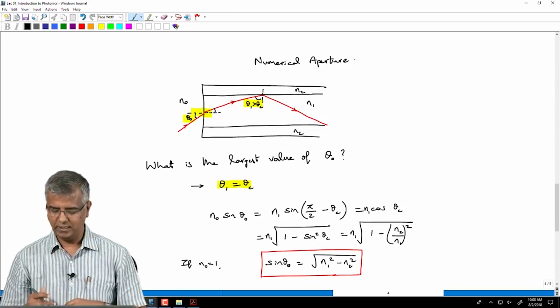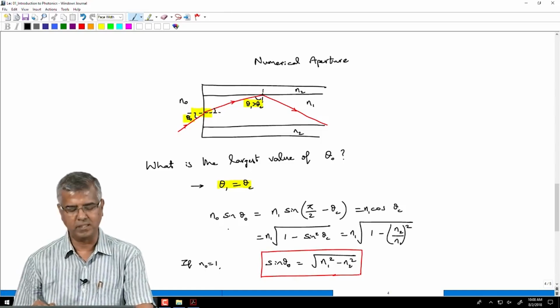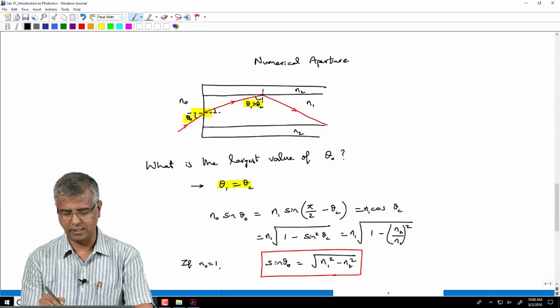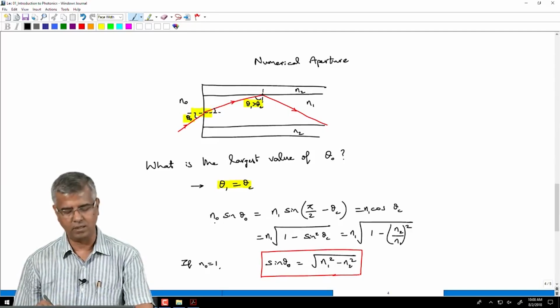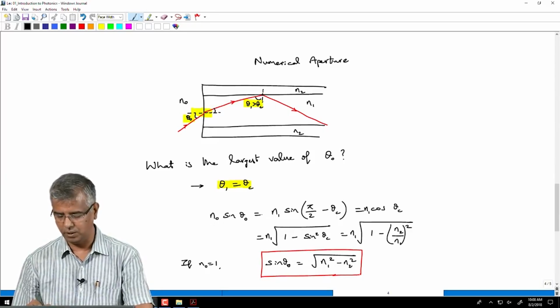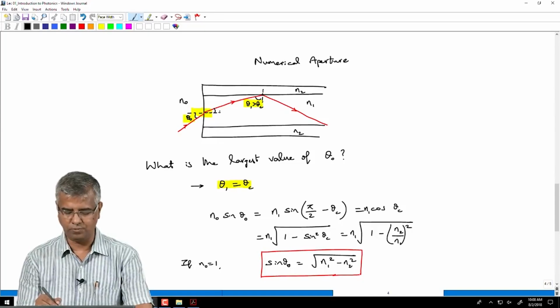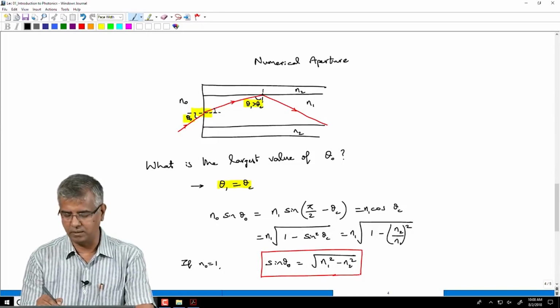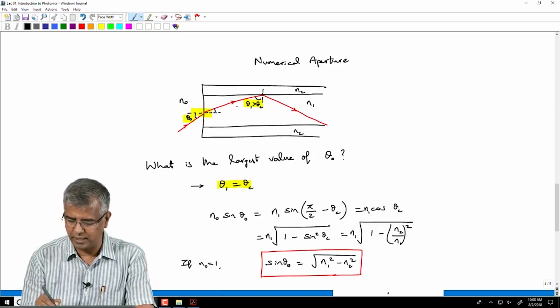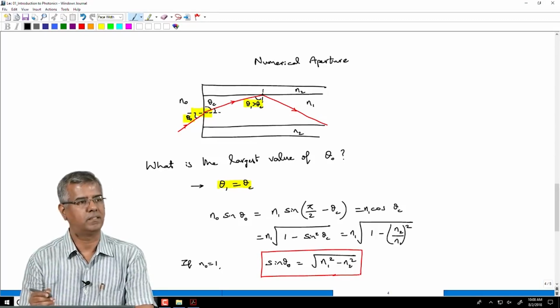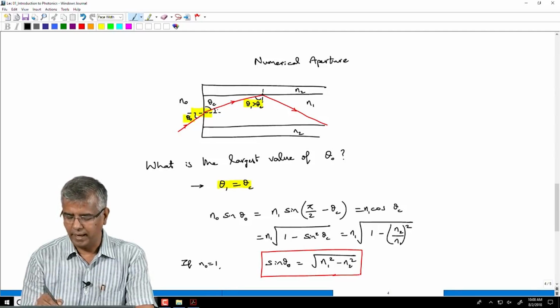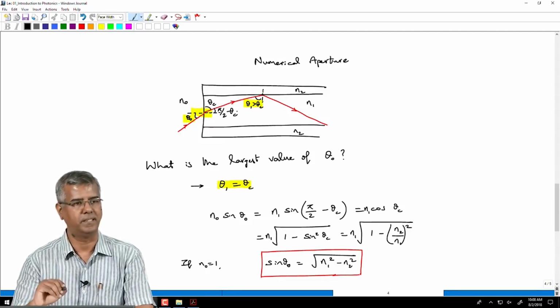So to do that, I apply Snell's law at this input interface. I write n naught sine theta naught equals n1 sine of the refracted angle. We would realize that if this is theta c, then this angle is theta c, that is the opposite angle, and this has to be pi by 2 minus theta c.